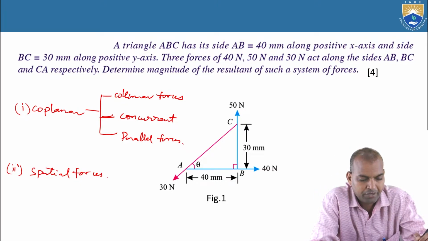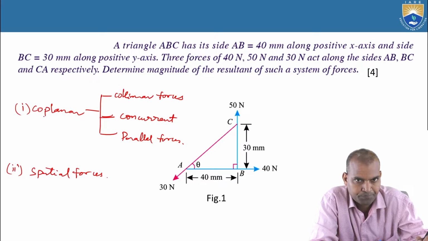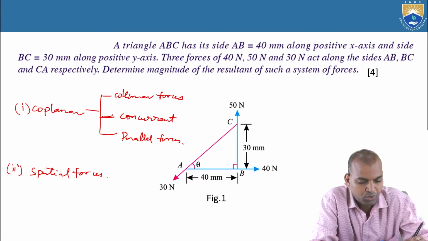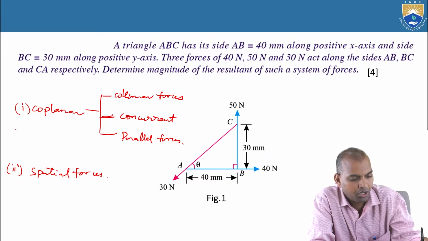In this engineering mechanics course, we will focus mostly on coplanar force systems. We have to identify what type of force system it can be. In the case of coplanar concurrent forces, all the forces act on a particle, meeting at one point.